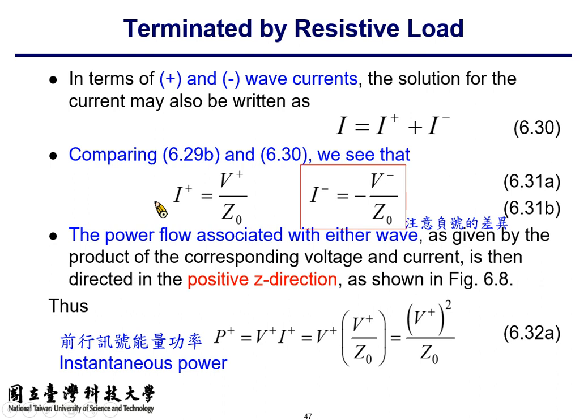Looks familiar. That represents the power going in the positive z direction. But you need to be a little bit careful about this. This P plus is the so-called instantaneous power. It doesn't matter whether the V and I signals are sinusoidal, pulse, or any other type of signal.